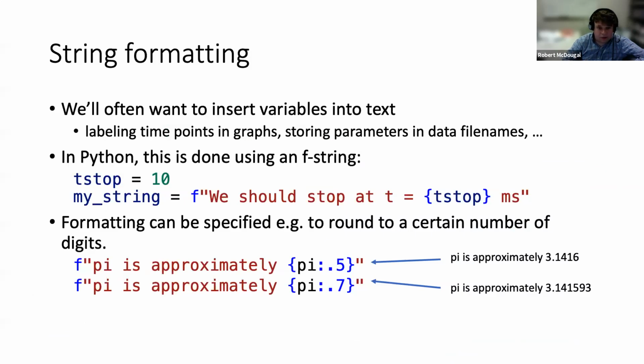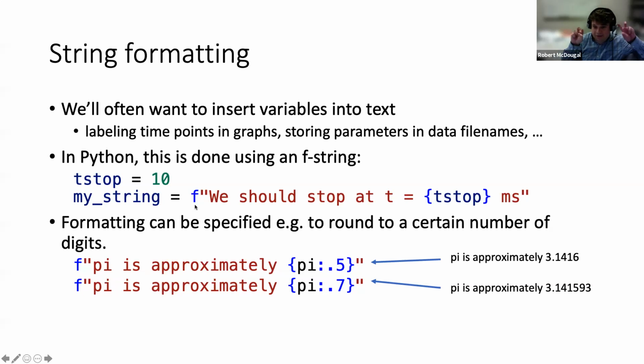The one other thing that I want to highlight: we're often going to run simulations for a while here. So let's say I set a variable t-stop to indicate the end of my runtime. If I want to actually throw that number inside of a string, the way that I throw a value or a calculation inside of a string is to put the letter F in front.